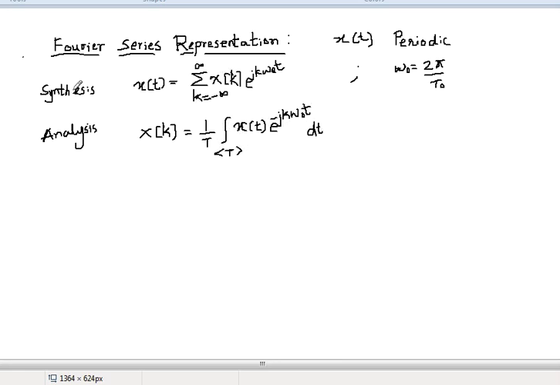This is the synthesis equation and analysis equation, and by using this we need to learn, in this Fourier series, some properties, the properties of Fourier series. They are also important for the problems. So we'll see the properties of this Fourier series.